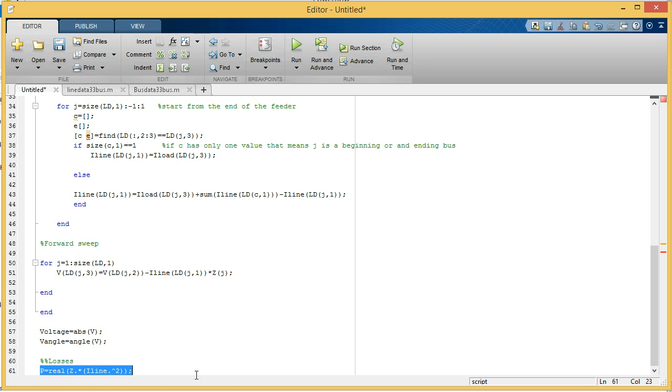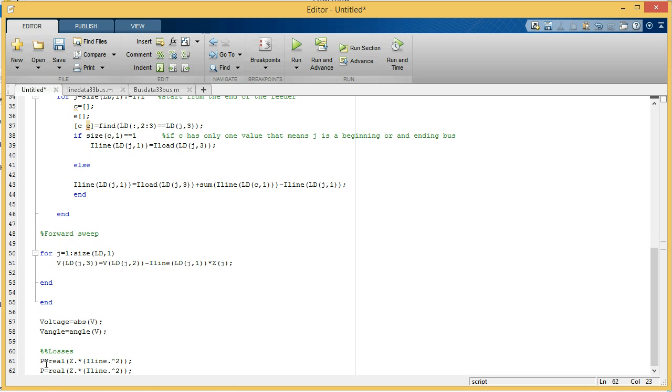And Q losses is the imaginary part of this expression over here.